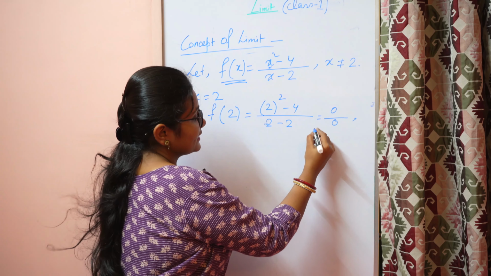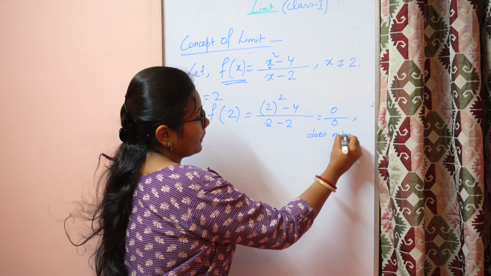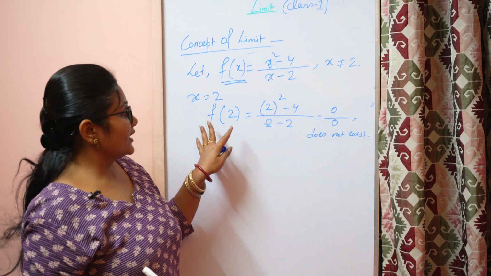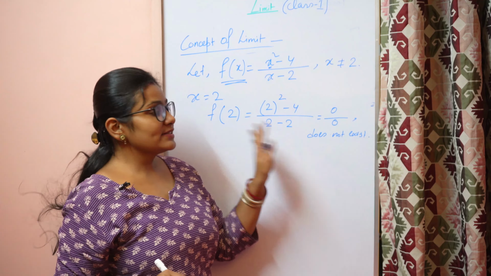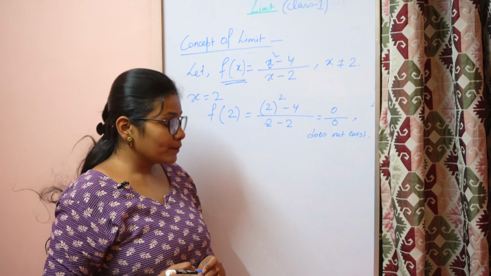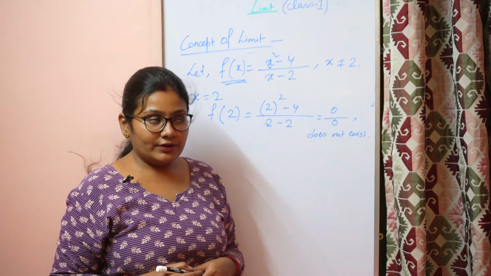That means this does not exist. If you get a value of function that is 0 by 0, that means that function will not exist. So I will find out a value of it.